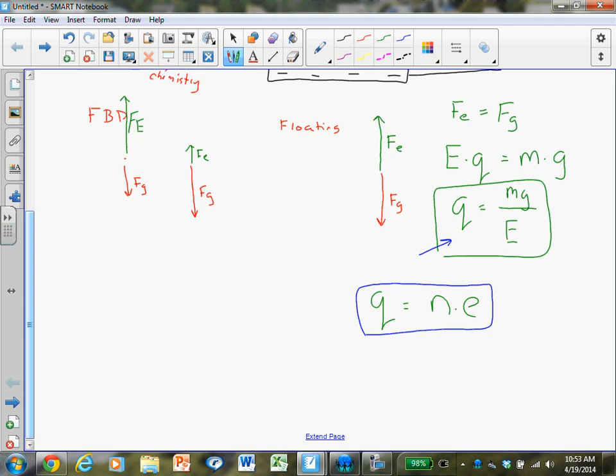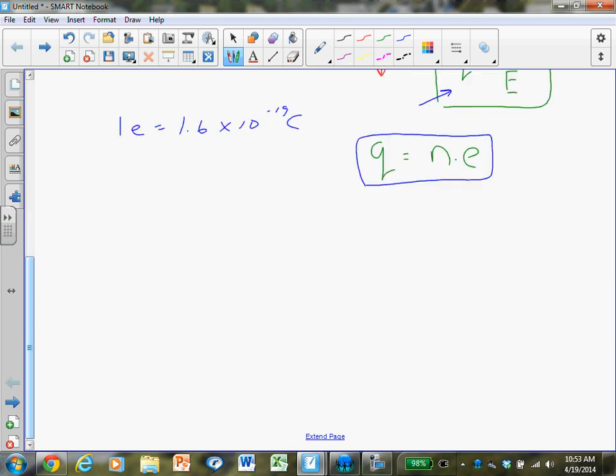And they wanted to get at this charge of an electron. The least common factor of this would give us what the value of Q is. So to see that, they came up first off with 1 e was 1.6 times 10 to the minus 19 coulombs.